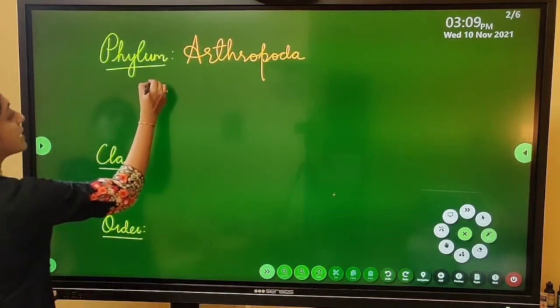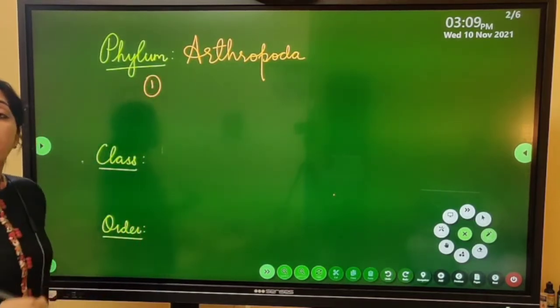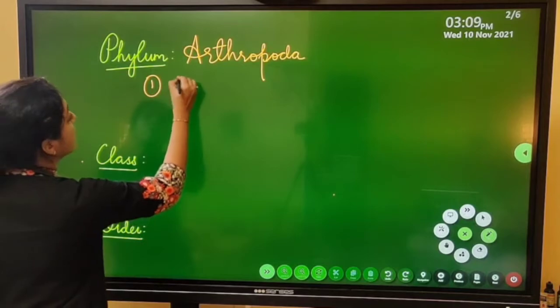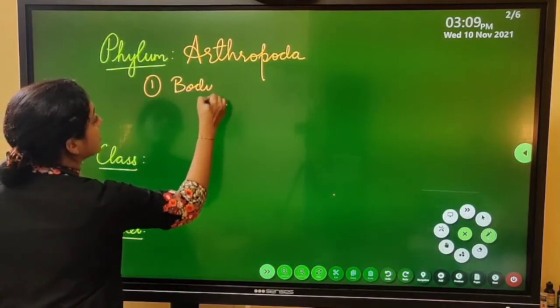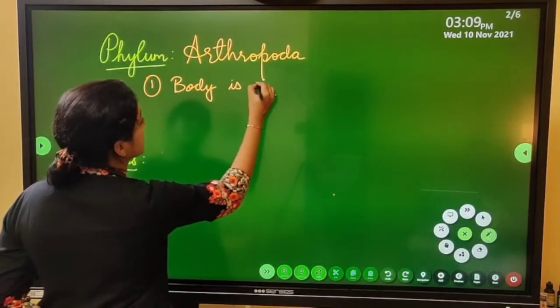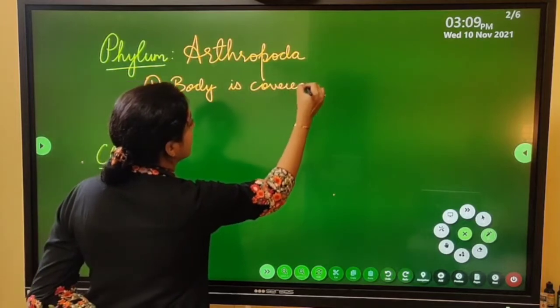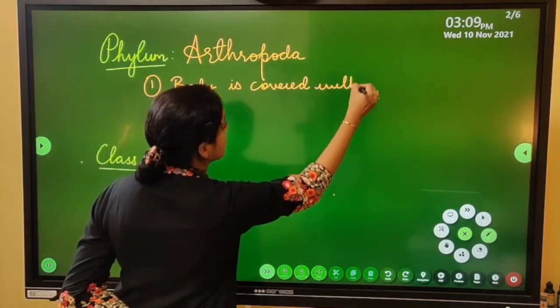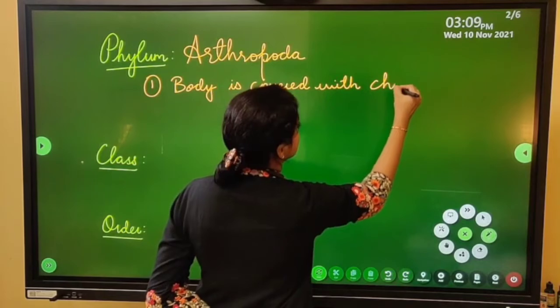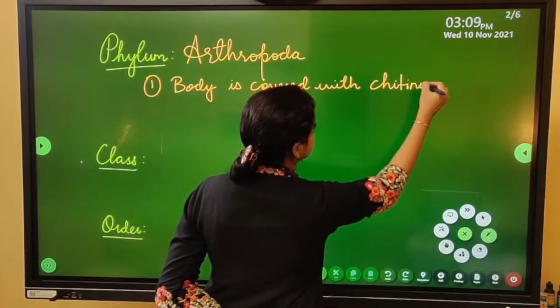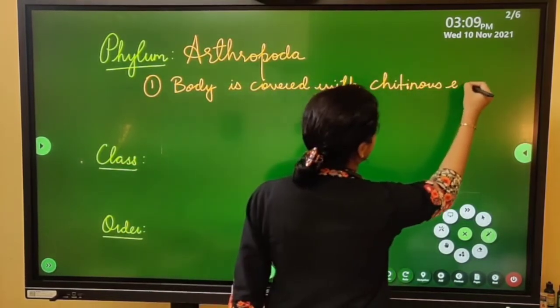The first one is that the body is covered with chitinous exoskeleton.